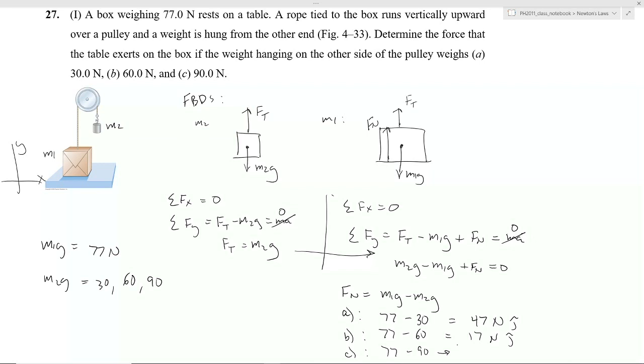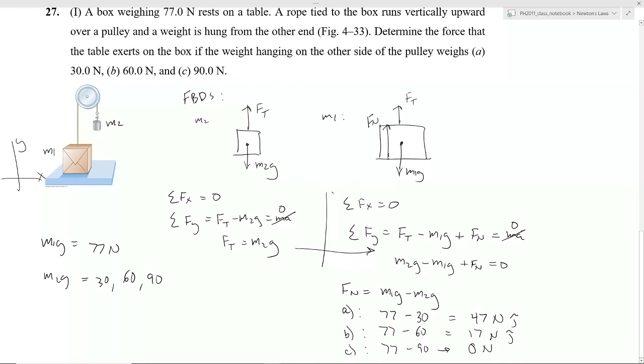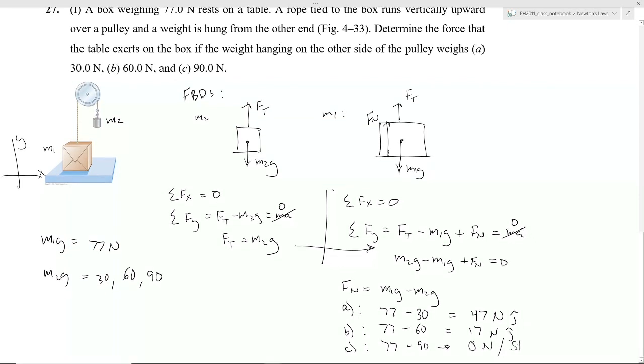It can't grab the object. If that normal force was negative, that would mean that the box was sticking to the table, which doesn't make sense. So in this case, this would be 0 newtons. 0 newtons would mean that the thing starts to accelerate.